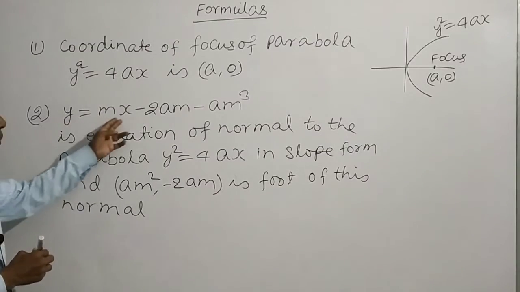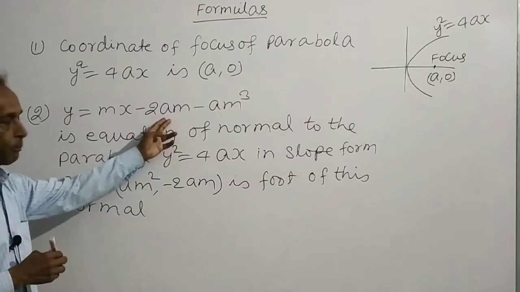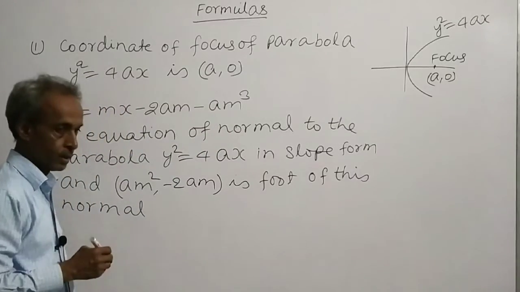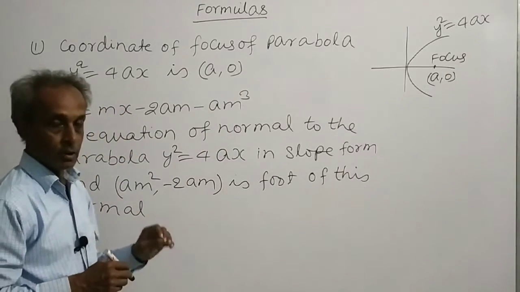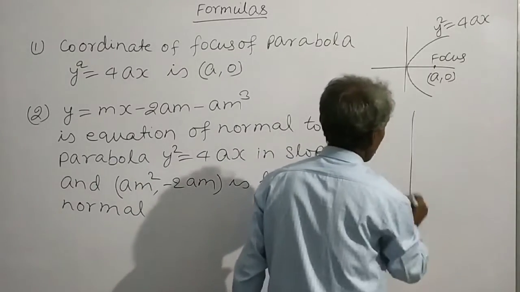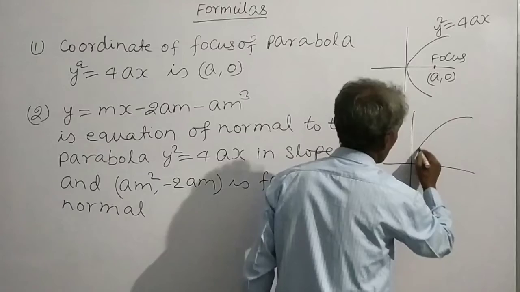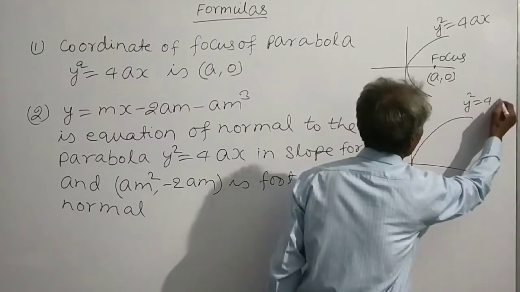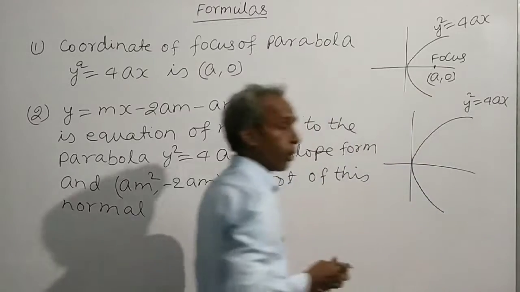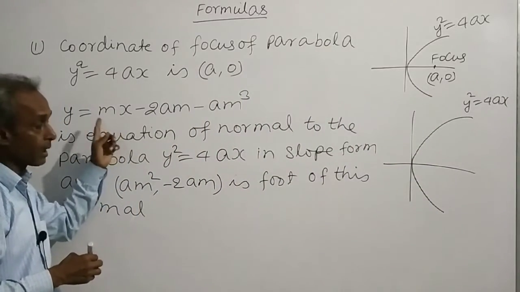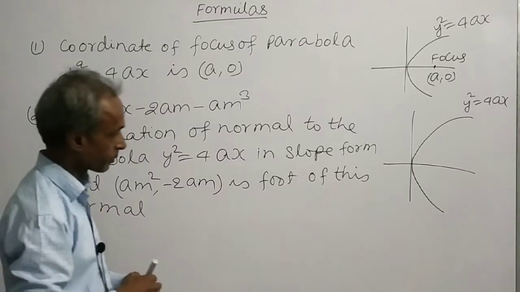y is equal to mx minus 2am minus am cube is a normal to the parabola y square is equal to 4ax for all real values of m.